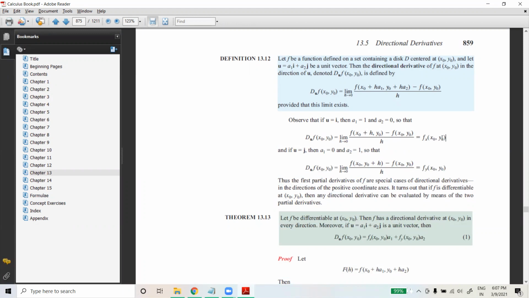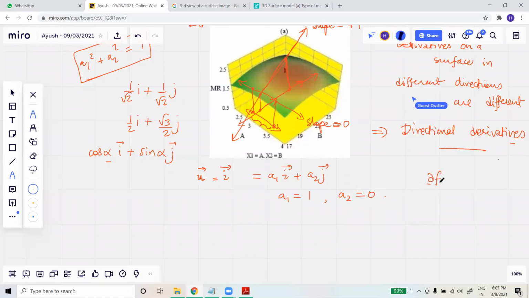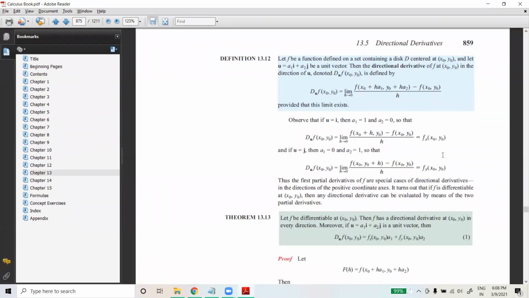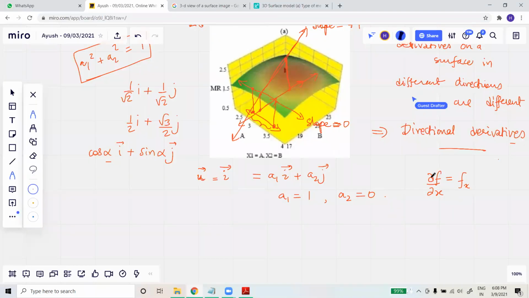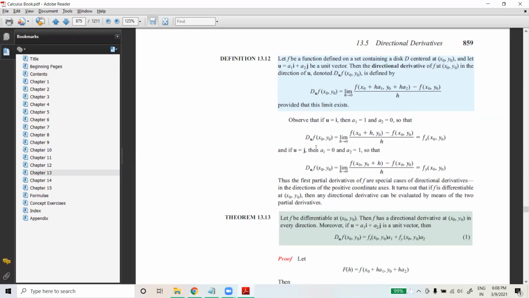Basically it's dou f dou x, which is also denoted by f subscript x at the point x0 y0. This is what the directional derivative is if you are traveling along u equal to I.